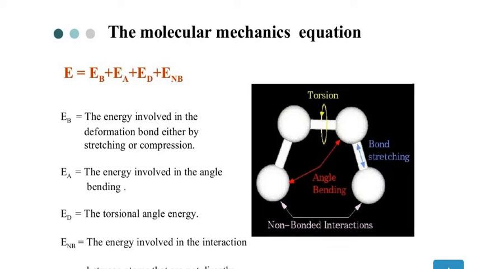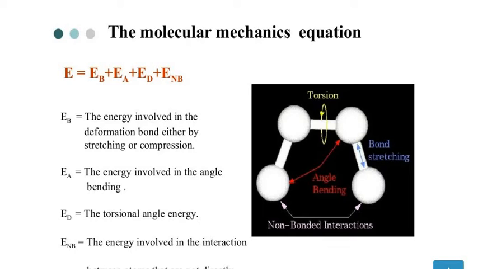So the molecular mechanics equations like EB, EA, ED and ENB, after combining the energies, you will get the total energy. So what does it mean? EB indicates the energy involved in the deformation of a bond, either by stretching or compression.